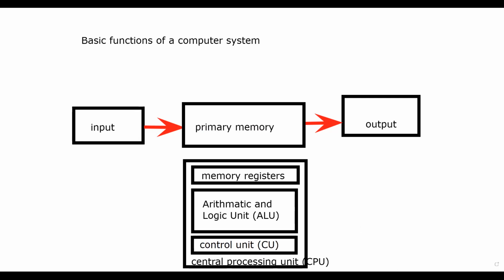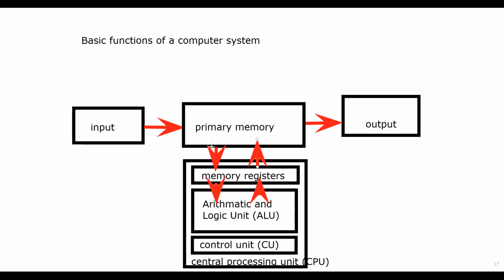Okay. So whenever something comes in, let's say you are going to add 2 plus 3, you are going to get 2 plus 3. It should come to primary memory, and then it should go to the memory registers. And from the memory registers, it should go to the arithmetic and logic unit. Perform the calculation here, and it should send the results back to registers, back to memory. And let's say you are displaying the answer, you have to go back, right?